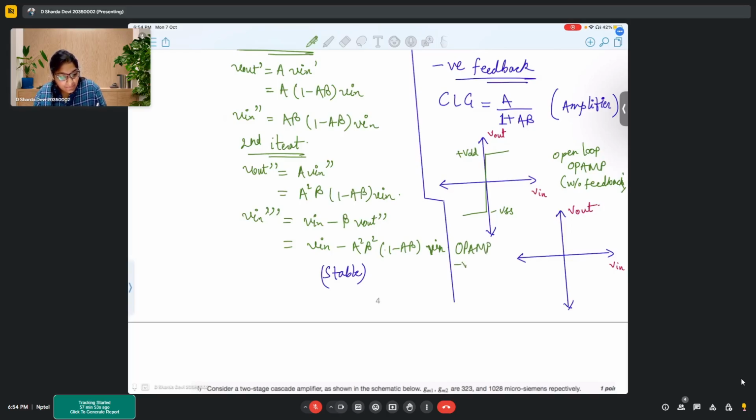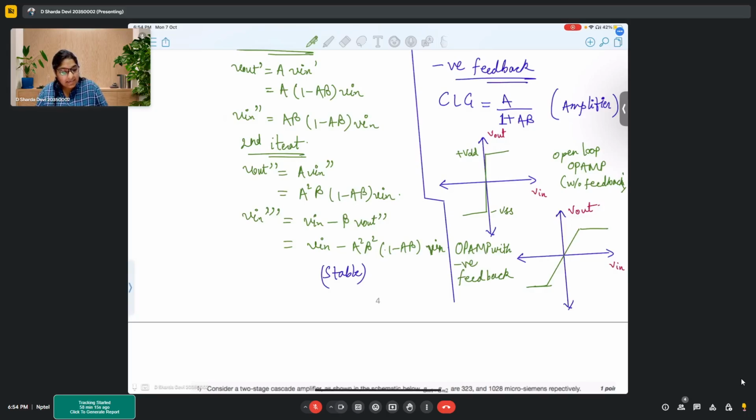say with negative feedback, op-amp with negative feedback. What basically happens is you widen this range, because you have reduced the gain.